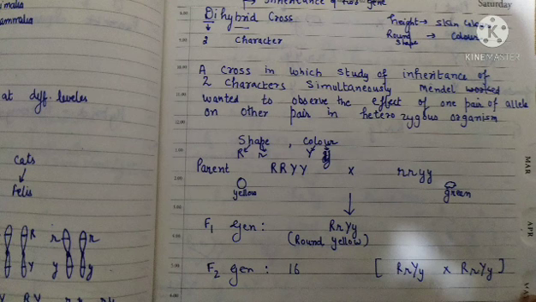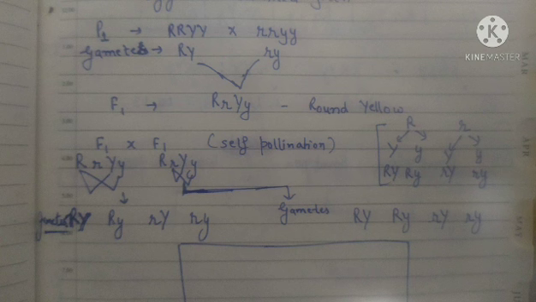Now we will obtain the F2 generation by self-pollinating the F1 generation, that is, F1 plants with round and yellow seeds will be crossed with round and yellow seeds, both in heterozygous condition. Let us see how we form the gametes of the F1 generation first. Take one F1 parent, capital R small r with capital Y small y.